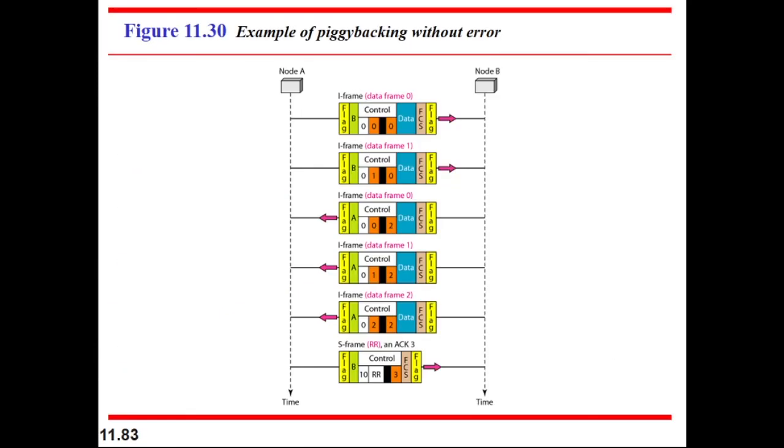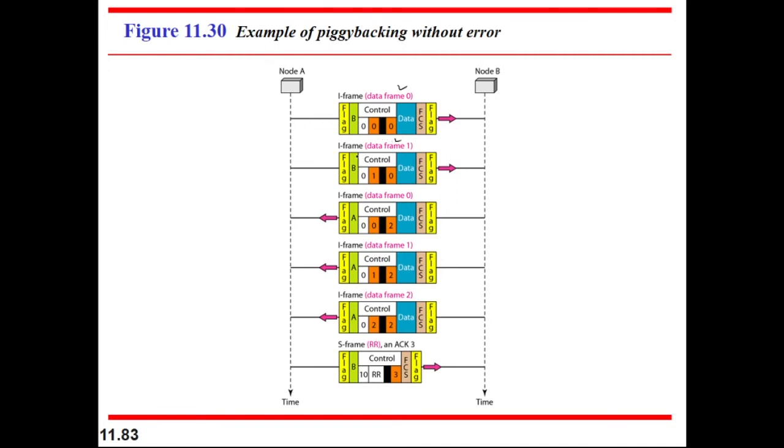And this is piggybacking without error. That means, in case of piggybacking, suppose node A is sending an I frame, and node A begins the exchange of information with the I frame, so the number should be 0. The first frame is 0, and it can be followed by another frame, which can be 1, data frame 0 and data frame 1.